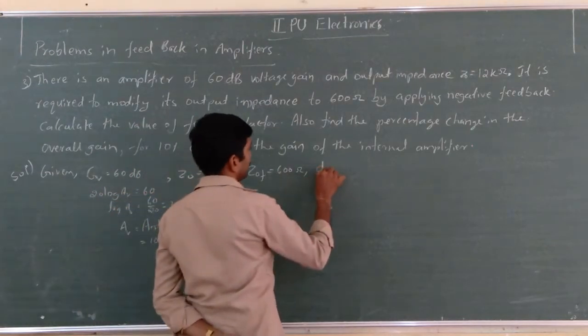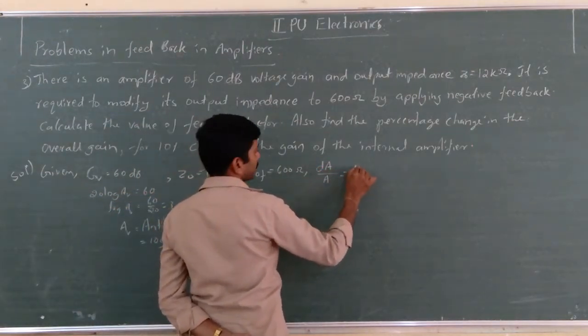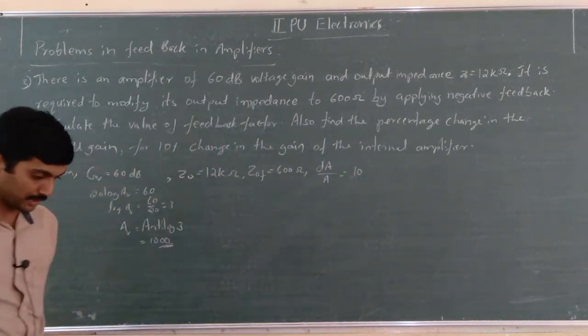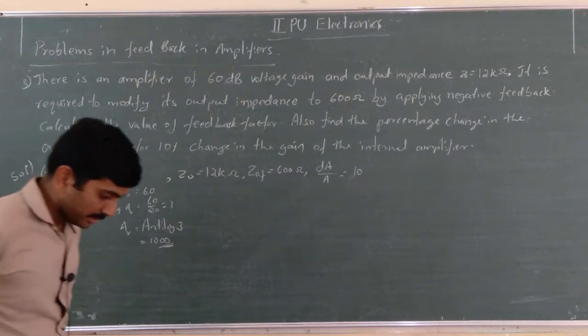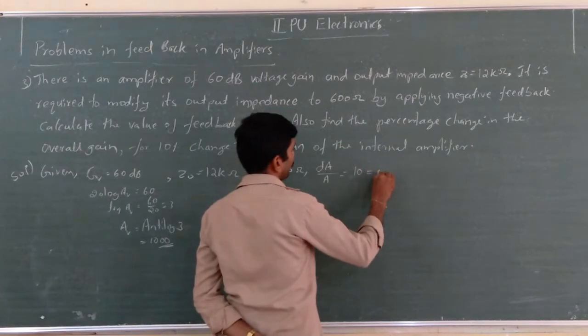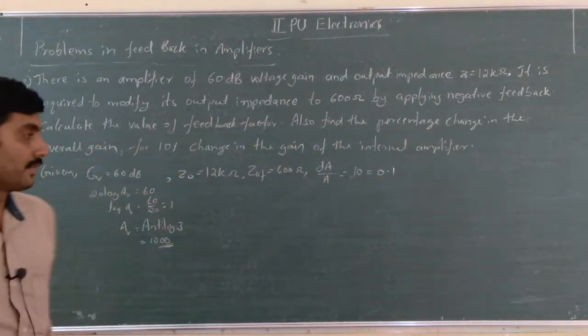The internal gain shows a variation of 10%, dA by A is 10%, or this is 0.1. Okay.